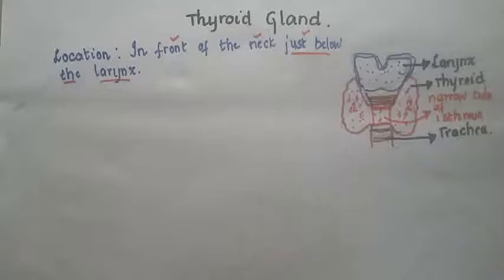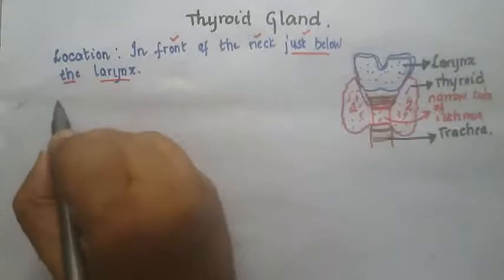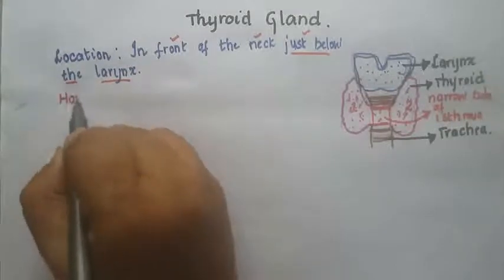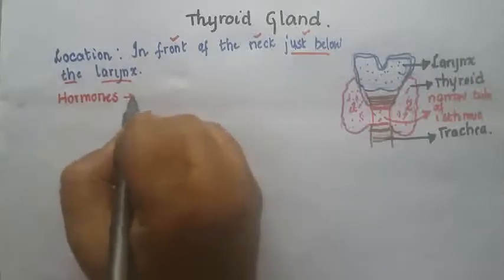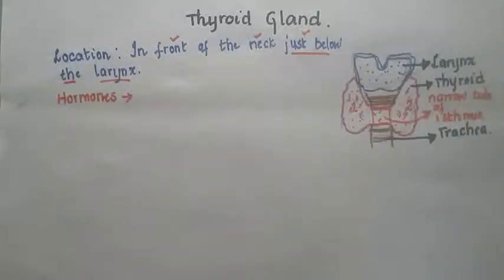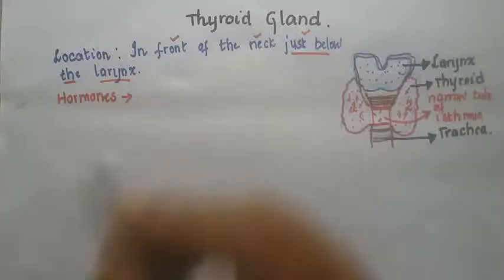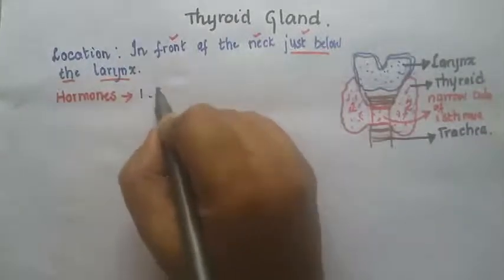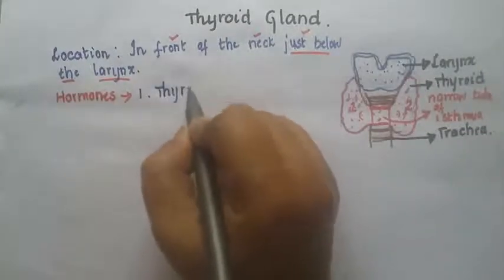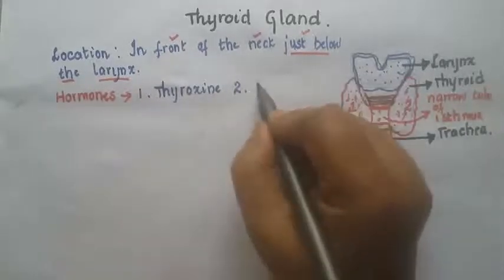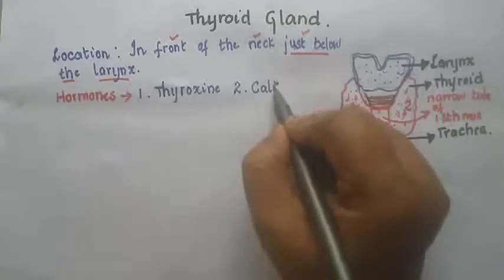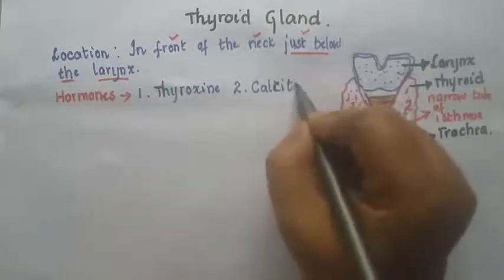Let us study the functions of the thyroid gland. Before we learn about the functions, let us learn about the hormones secreted by the thyroid gland. In fact, the thyroid secretes two hormones. The first one is known as thyroxine and the second one is calcitonin.